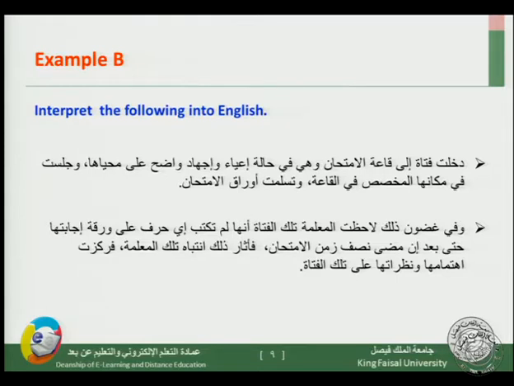But in interpreting, you don't have this luxury of repeating the translation or doing it twice or three times. No, once only. You hear it once, you produce it once. This is interpreting. Are you good at it? Can you do it? Then you decide. You answer this question.